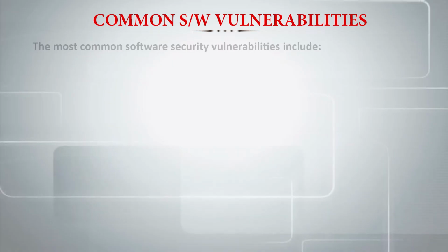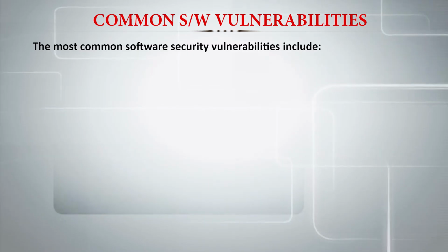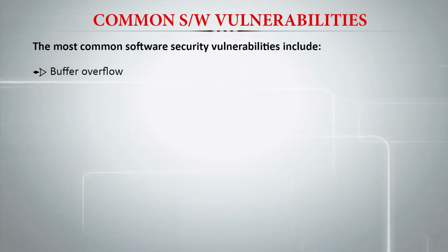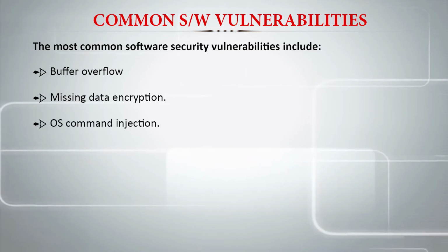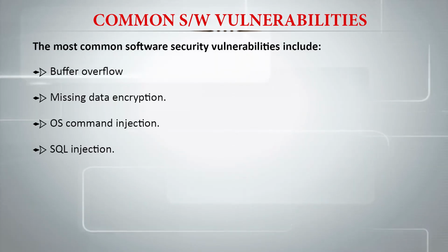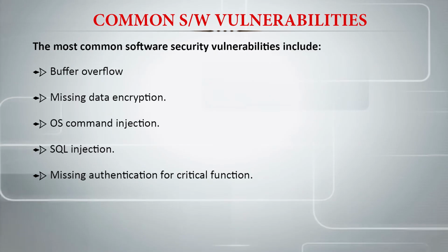The common software vulnerability, this is the important part of today's discussion. The most common software security vulnerabilities include buffer overflow, missing data encryption, OS command injections, SQL injections, and misauthentication for critical function.